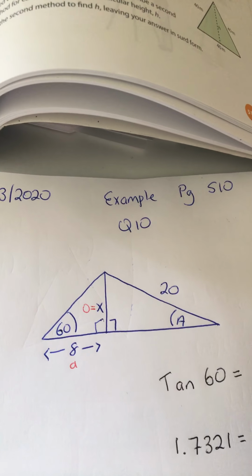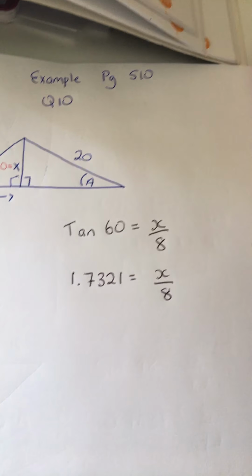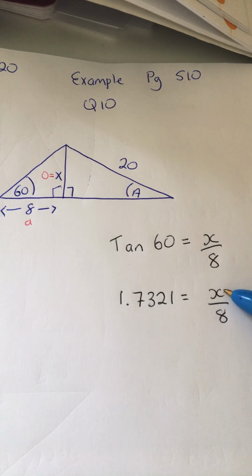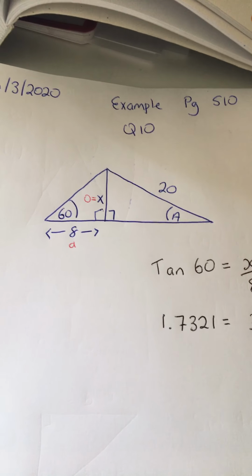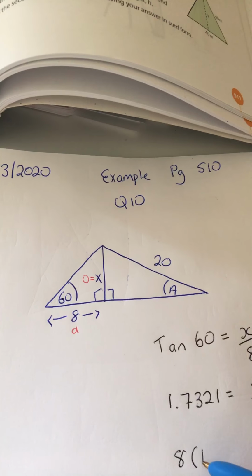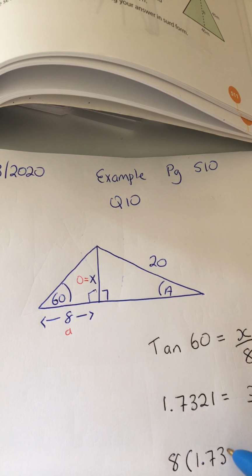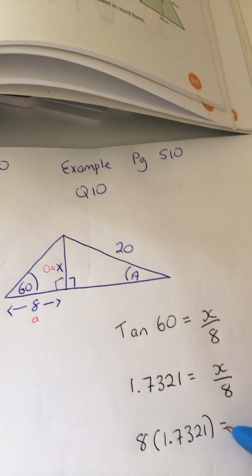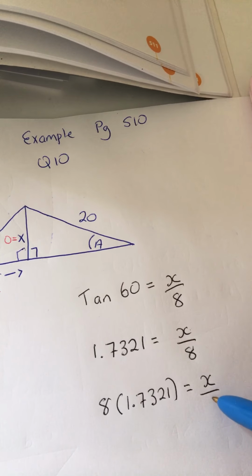Equals x over 8. This is a situation where we have the unknown on top, so we can multiply both sides by the denominator. So multiplying this side by 8 and the other side.